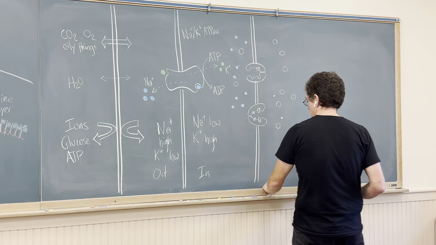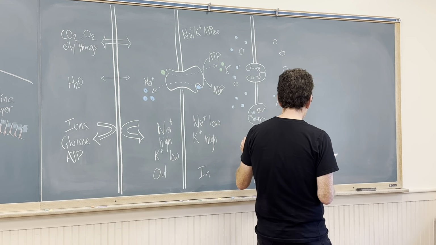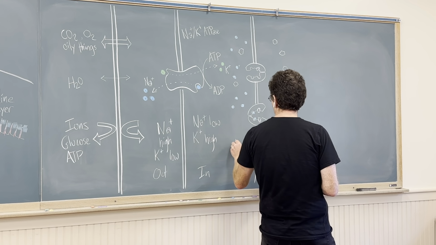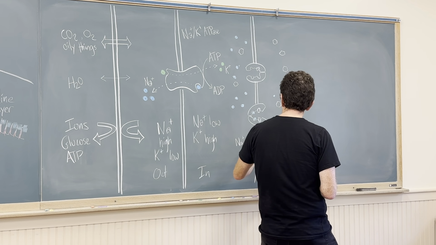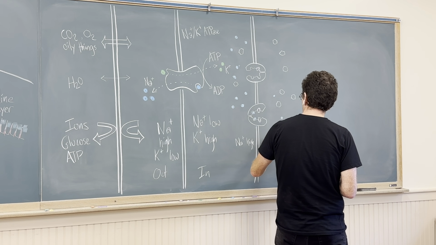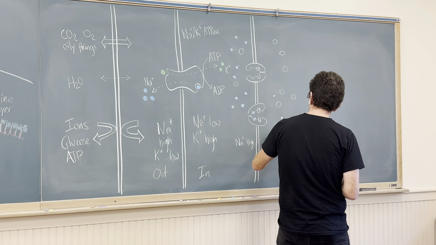In this case, the sodium is moving down its concentration gradient because, again, sodium is high out here and low inside. So sodium in this case is moving with its concentration gradient.